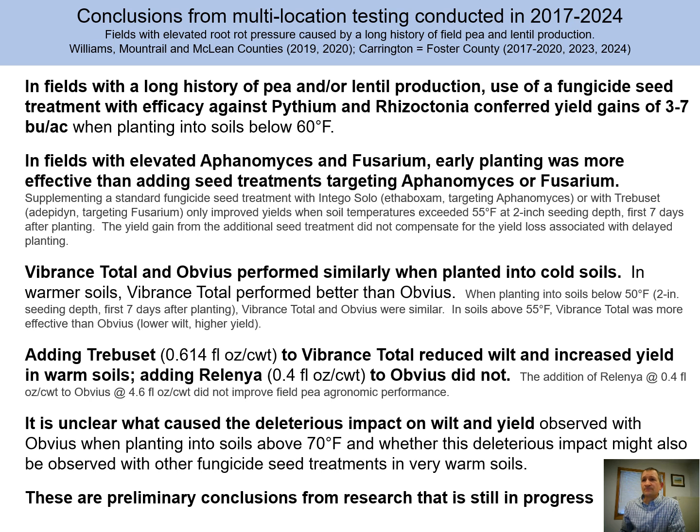Okay, so take-home messages. In these fields with a long history of pea and lentil production, what you can expect based on our research is a yield gain of 3 to 7 bushels an acre from a fungicide seed treatment when planting into cool soils.